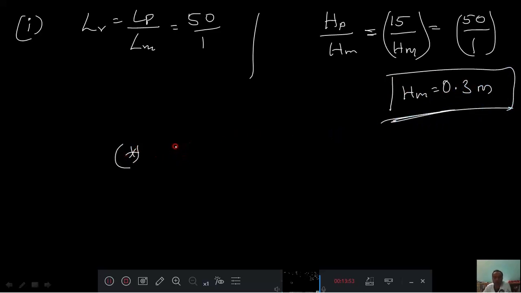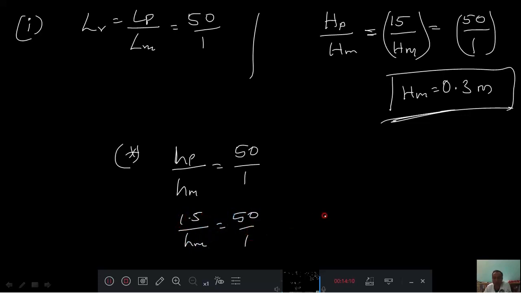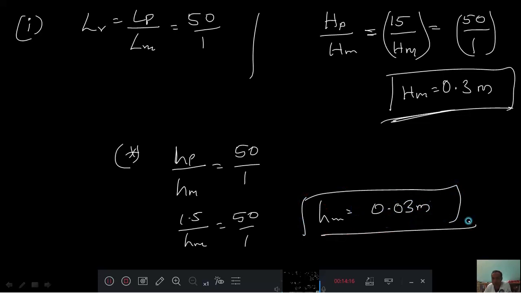Similarly, we want head of the prototype divided by head of the model, and these two are head, means it is a length only, therefore it is 50 divided by 1. And what is this hp? hp is 1.5 divided by hm, that is equal to 50 divided by 1, therefore hm is equal to 0.03 meter. Over. The first bit is solved.